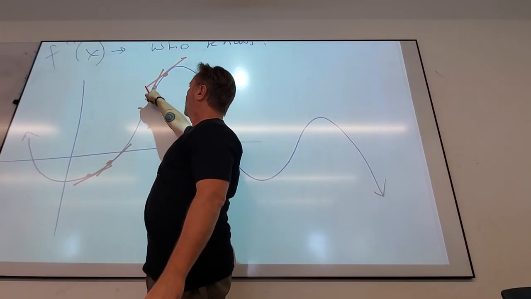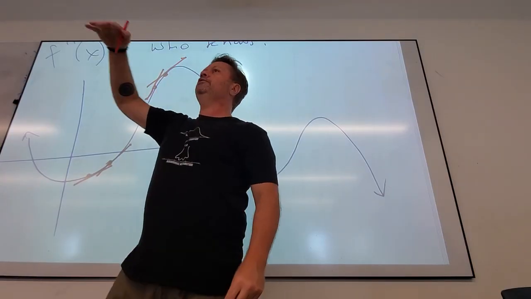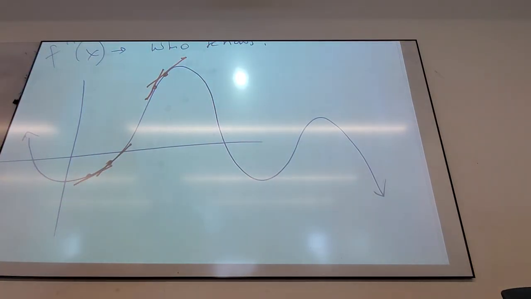It was big positive, now it's smaller positive. f double prime has to be negative because the thing I'm looking at is getting smaller. If I'm looking at f and the function itself is getting smaller, f prime must be negative. If I'm thinking about the slopes, which is f prime, and the slopes are getting smaller, the derivative of that, f double prime, must be negative.